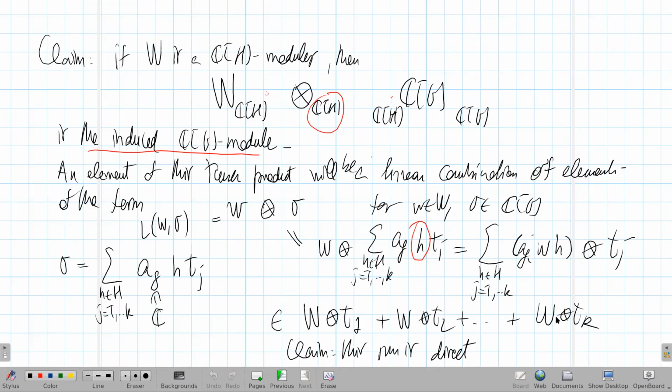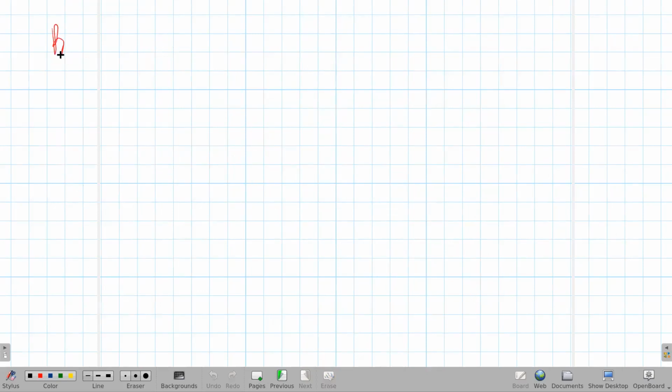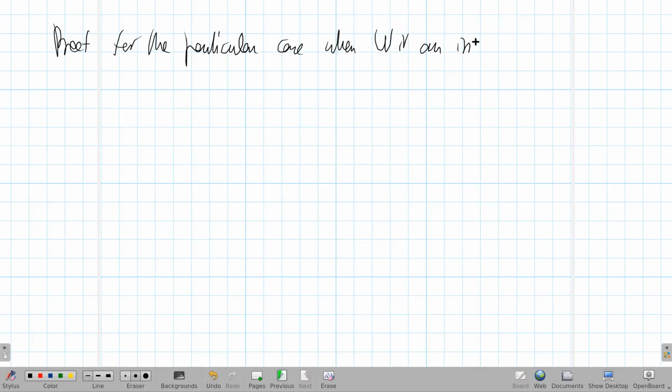I'll do the proof in the particular case when W is an irreducible CH module. Because it's simpler, but it would not be too difficult to extend this. Why am I taking this?